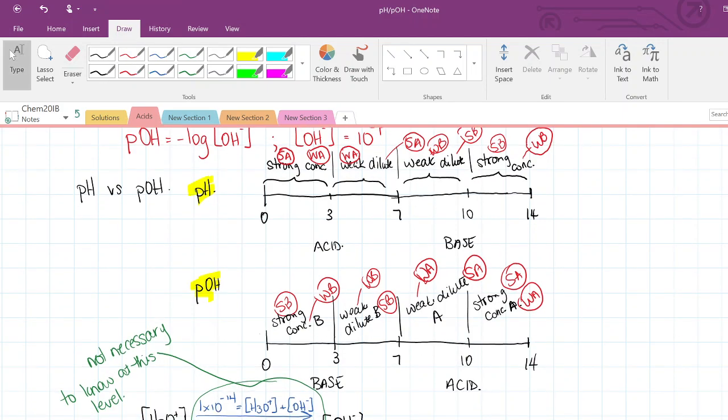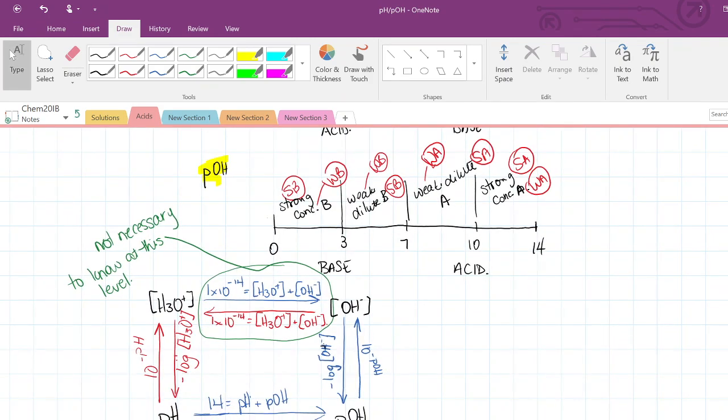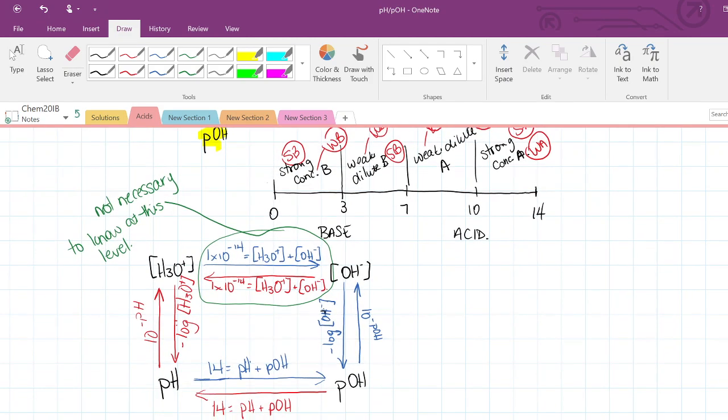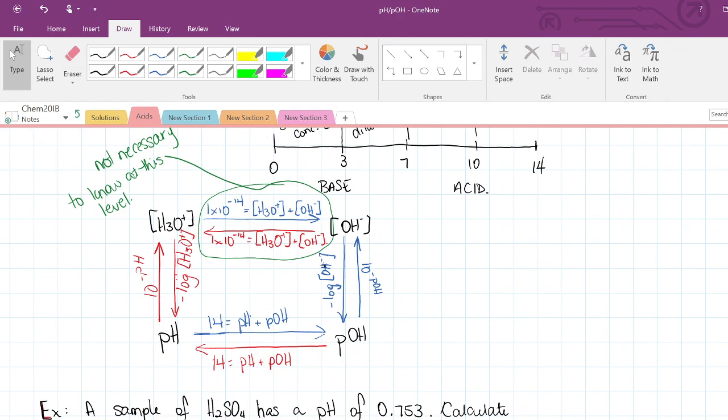So take a little time with that because there's a lot to digest right there. Take a little bit of time, think about that, pause the video, and try to organize that in your head. Now, the other thing I'm going to show you is this little roadmap. And this little roadmap is going to be really important for you guys.